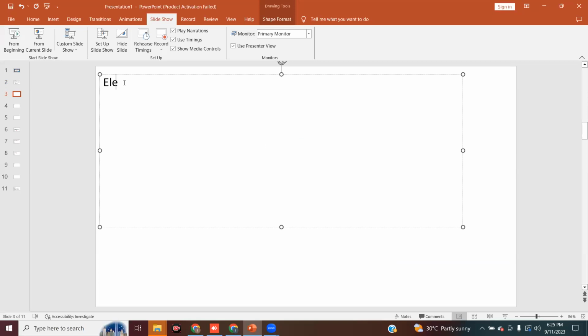Write this down. So we say that elements or members are the terms or items present in a set.